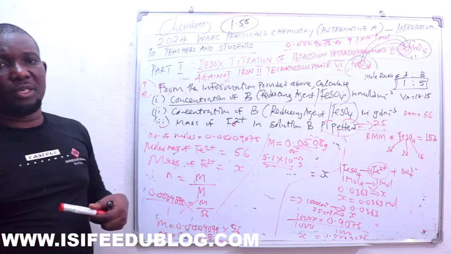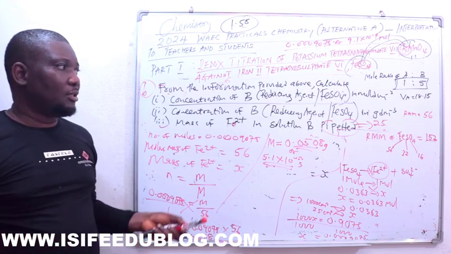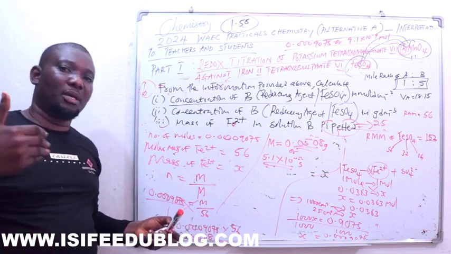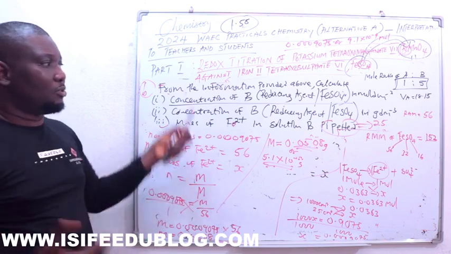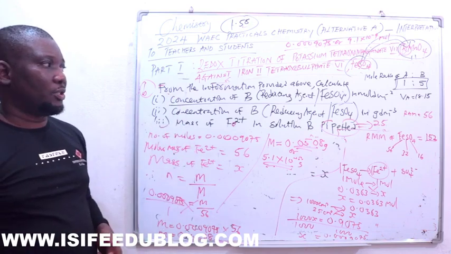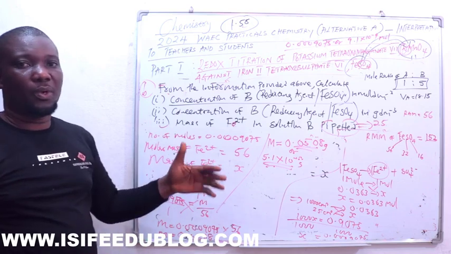There will be one given in gram, with no molarity. So what you do is to find the concentration of one by using mass or molar mass, so you can find the other concentration. This is how to go about it.